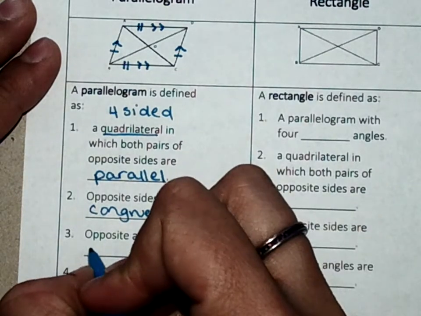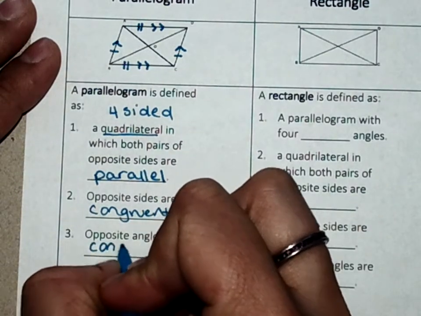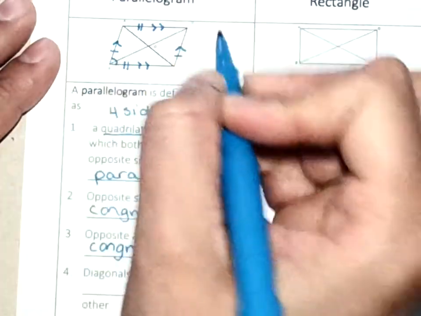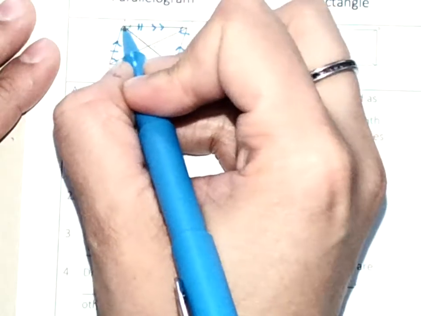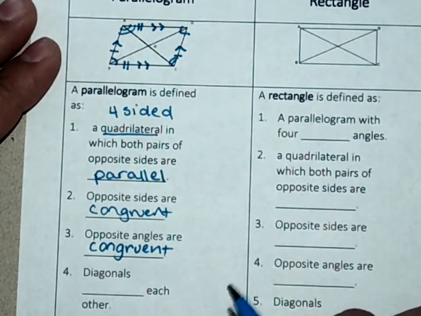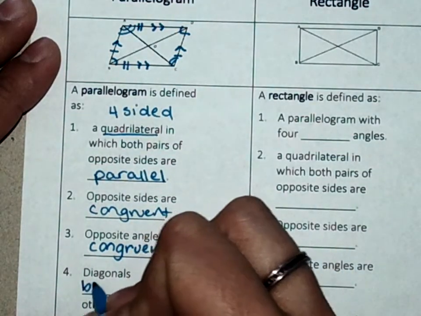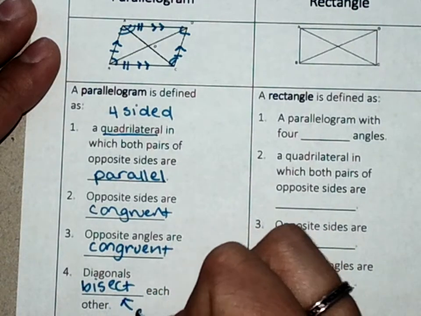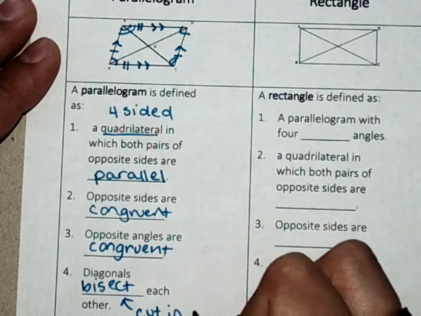Opposite angles are also congruent. So angle B is congruent to angle D, and angle A is congruent to angle C. And diagonals bisect each other. We learned that bisect means to cut in half.